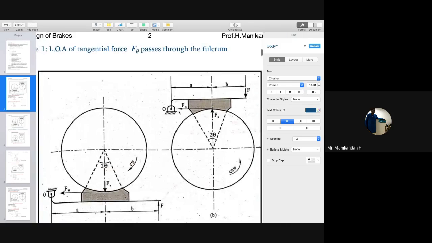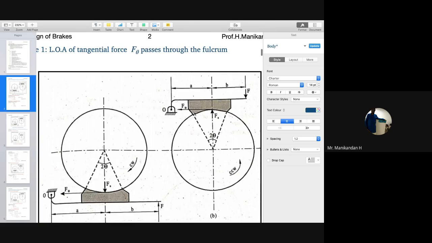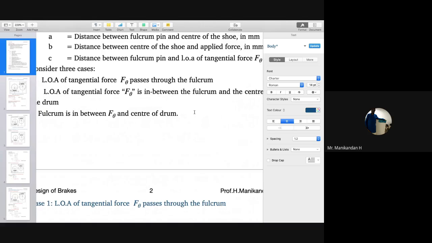This F theta is given by mu into the normal reaction, mu into Fn. Sometimes we say Fn is equal to F theta divided by mu. The product of the coefficient of friction and the normal force we call the frictional force, mu into Fn.